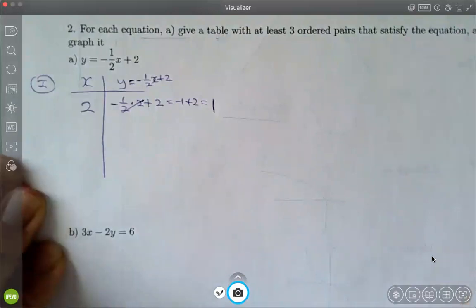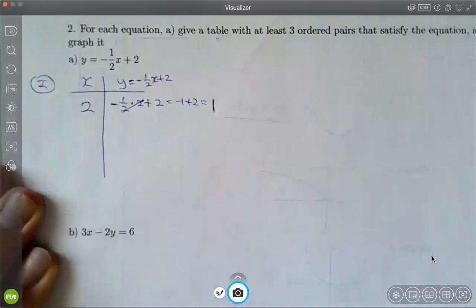And now, can you plug in some more to x or y? I guess you haven't chosen the simplest number that's available. 1?